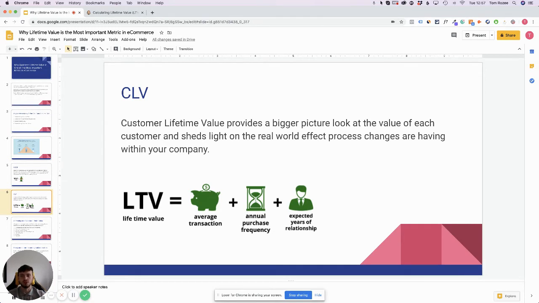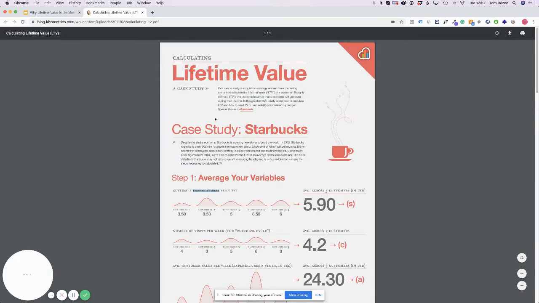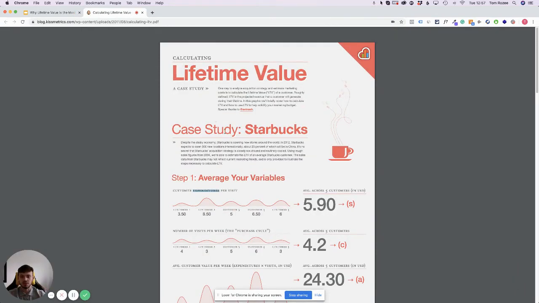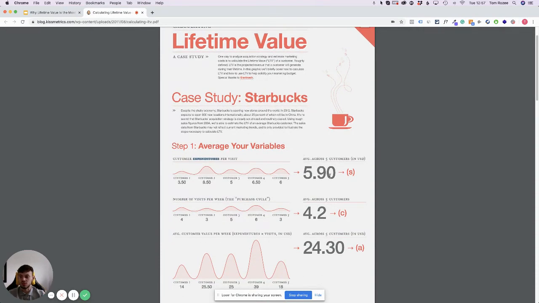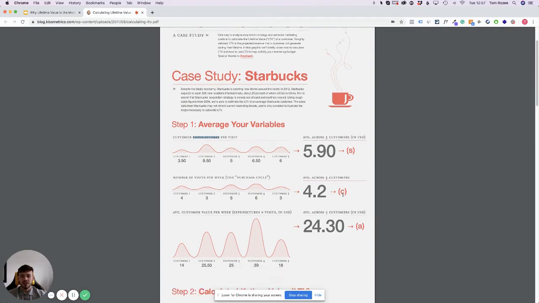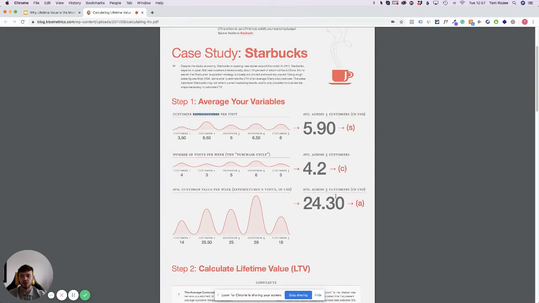Now, I'm going to quickly show you an example of a lifetime value case study of Starbucks. As you can see here, this is the average cost it's costing Starbucks for this customer. This next is saying how often these average customers come in per week, and it's also saying how much this customer is spending per week.